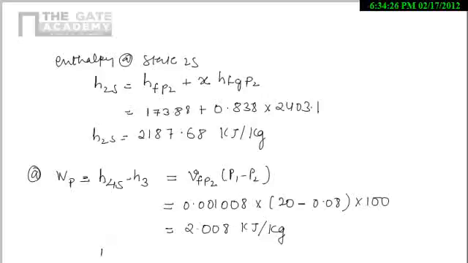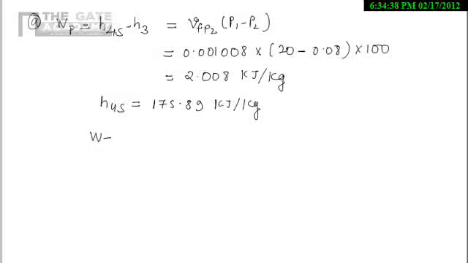Now we can get the value of h4s from here, that is coming 175.89 kilojoule per kg, and Wt for the ideal process is h1 minus h2s. So for Wt, h1 we have 3159.3 and h2s we have 2187.68.